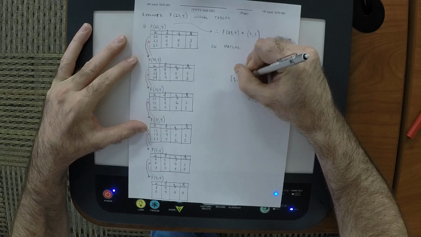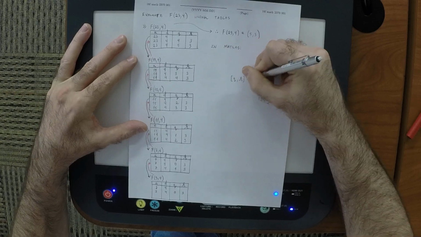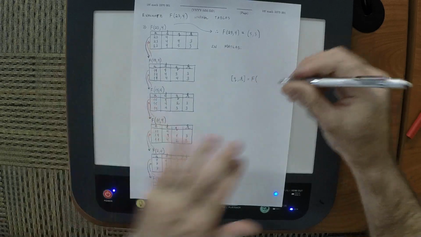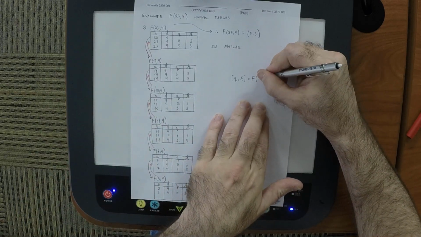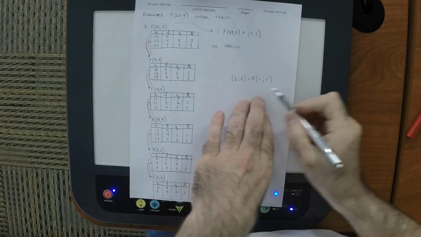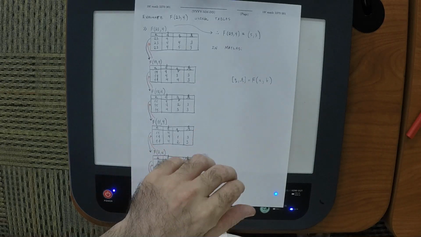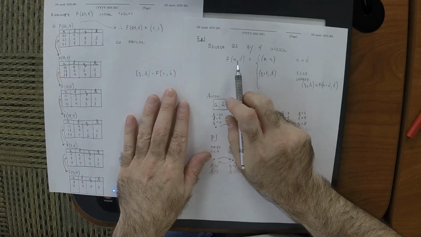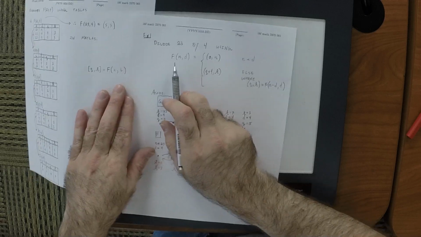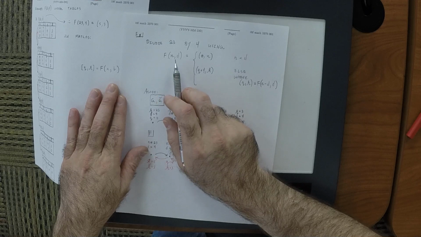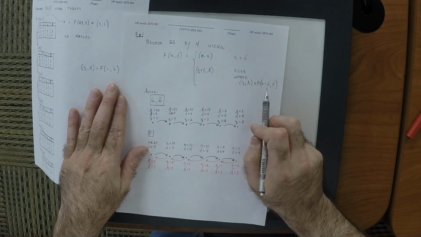So it'll be like q and r is equal to f of, I'll say, a and b, say, like this. So that's where we are recursing. If you look at the definition of f, f of n and d is going to need to end up calling that.